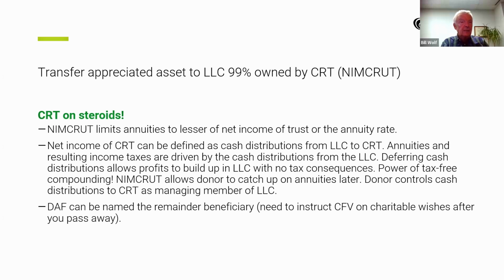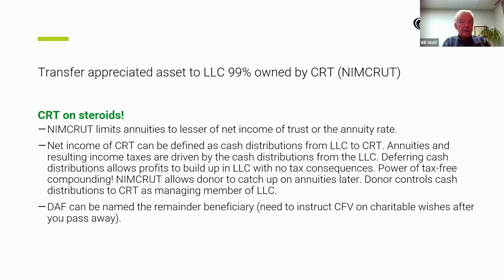Instead of just passing it through like a normal account would do, you get to say, we'll define income for the CRT purposes as the distribution that is made by the LLC. If it doesn't make a distribution in a particular year, there is no income. That is powerful. That's amazing and unbelievable.